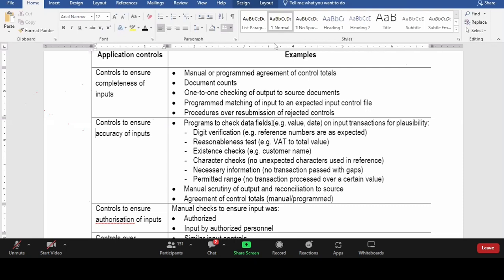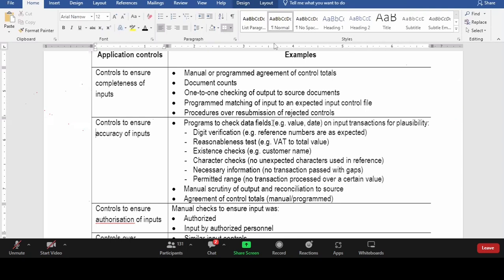For example, you cannot withdraw more money than what you have, because the system checks if the withdrawal is more than the available balance. That is a withdrawal which is not reasonable and will be checked automatically. It will be rejected. The system will reject the withdrawal.